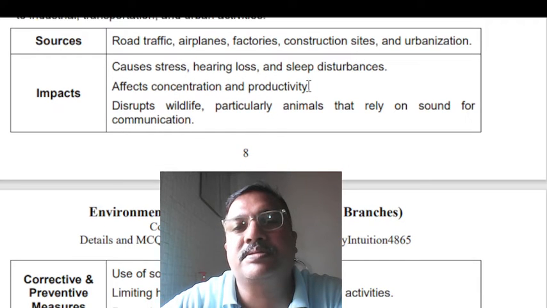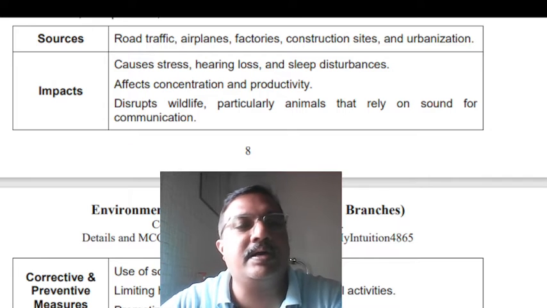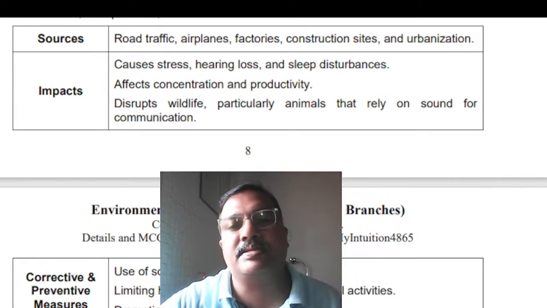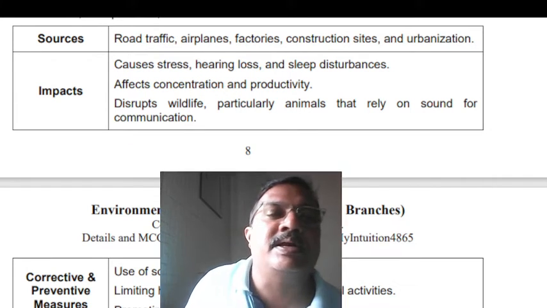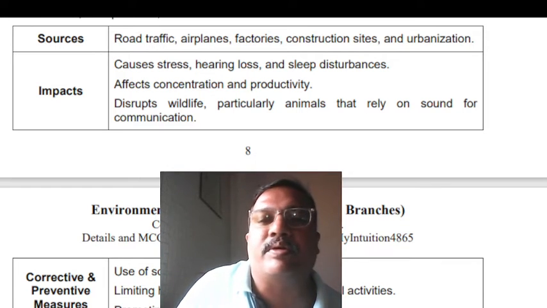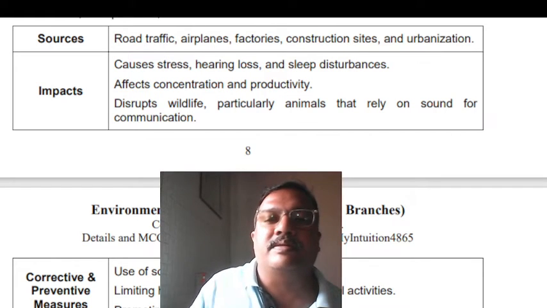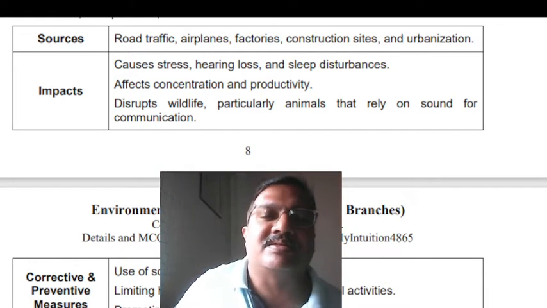The sources can be road traffic, airplanes, factories, construction sites, and urbanization. Road and traffic: cars, buses, and trucks create constant noise, especially in cities, not on a road where once in a while a vehicle goes.